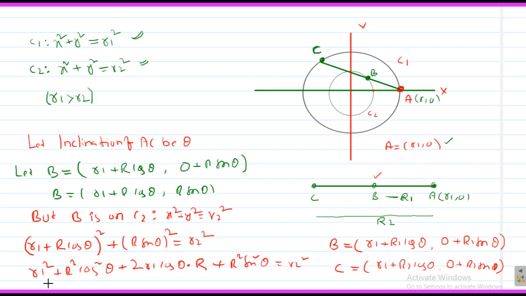Observe here, this and this give R square, because R square of (cos square theta plus sin square theta) is R square only. I want to write here R square plus 2 r1 cos theta into R plus r1 square minus r2 square equals 0.